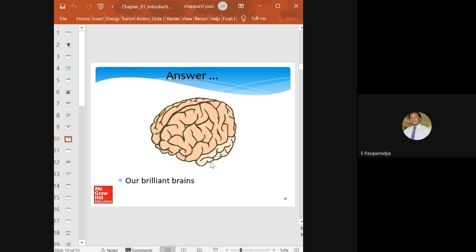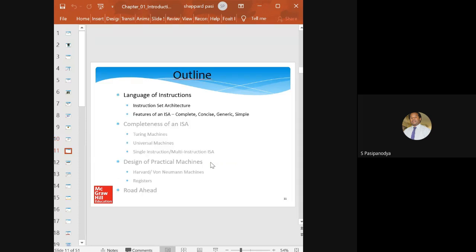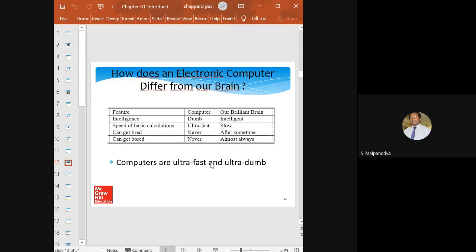Our brains are the most intelligent computers out there. But when we compare a brain to an electronic brain, which is a computer, there are advantages and disadvantages. For example, if we talk about intelligence, the brain is the most intelligent compared to a computer.